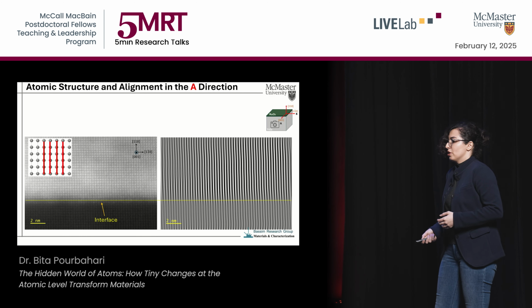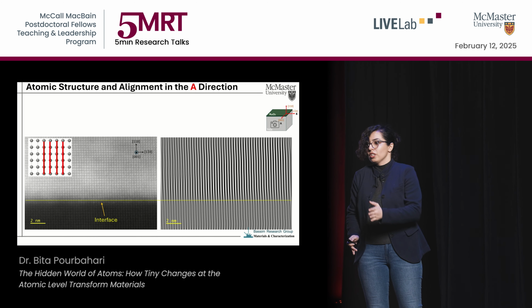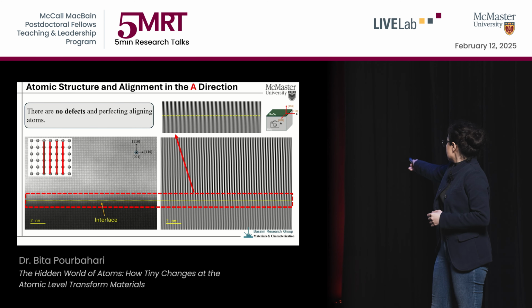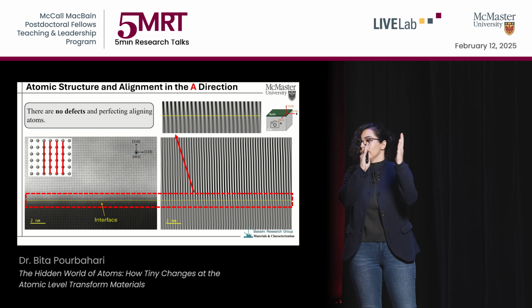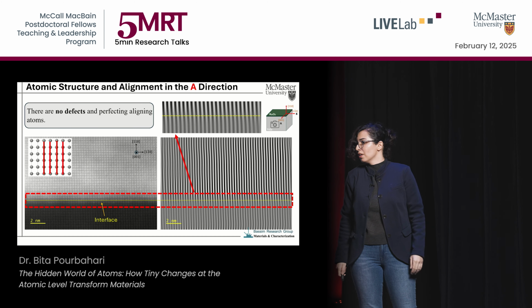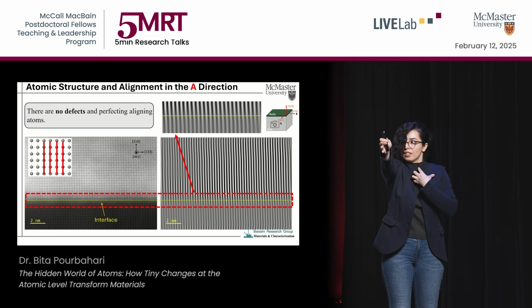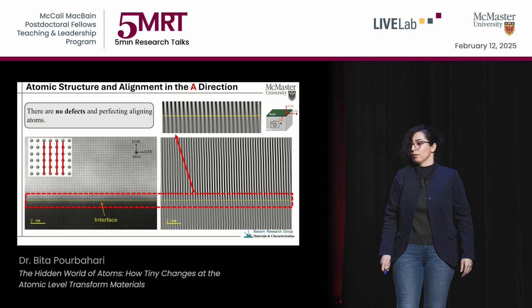I have this picture, and each line is the position of the atoms. If we focus on the interface, we can see that we have a straight line of the atoms. So I understand that when I am looking at the A direction, I have a straight line of the atoms.